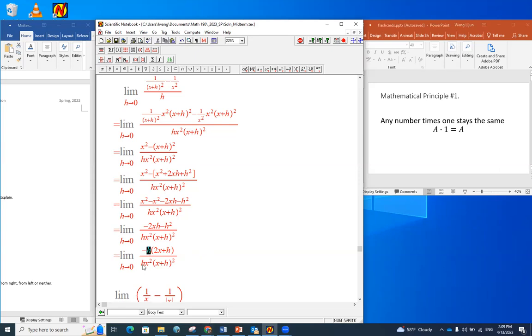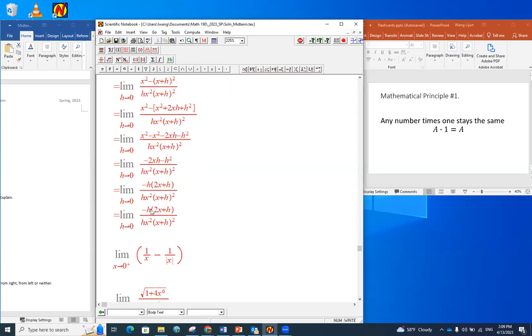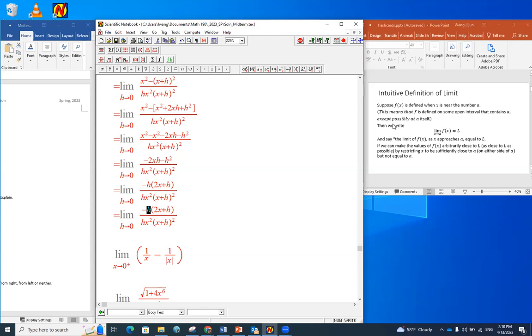And this h and the next h reduce. h is not 0. h is approaching 0, but h is not 0. So these two h's, you see, we're constantly using these definitions, because the definition of limit gives us the setting about h. So this h and that h are reduced.